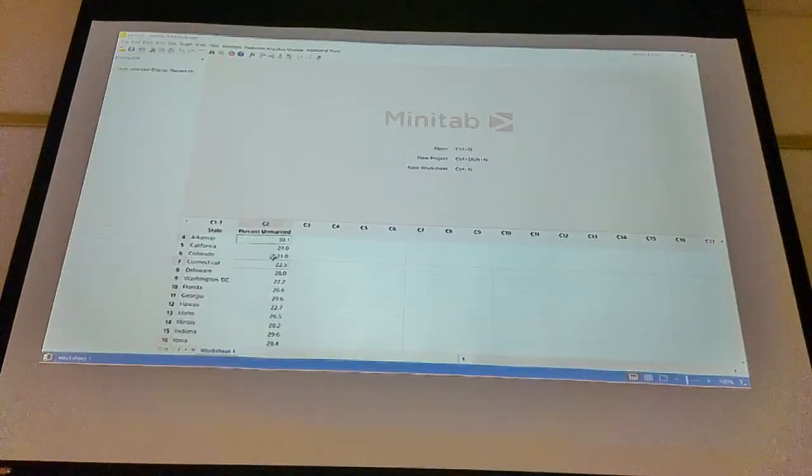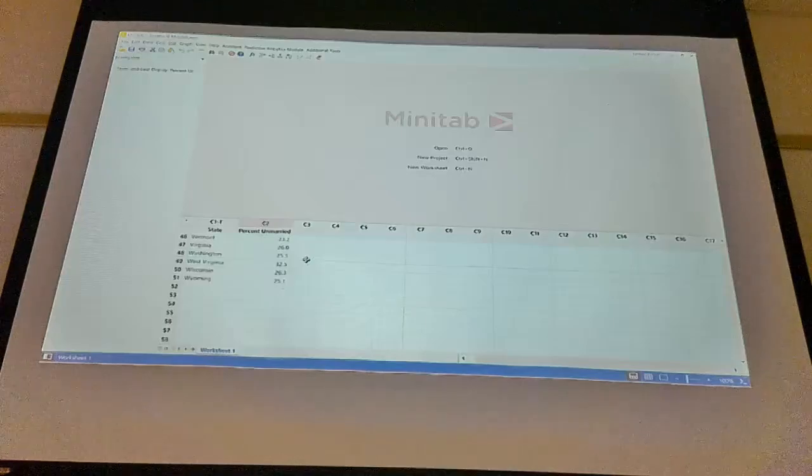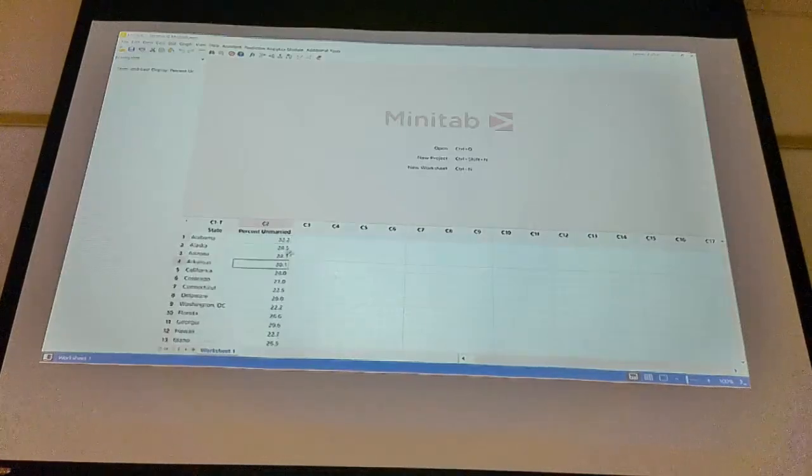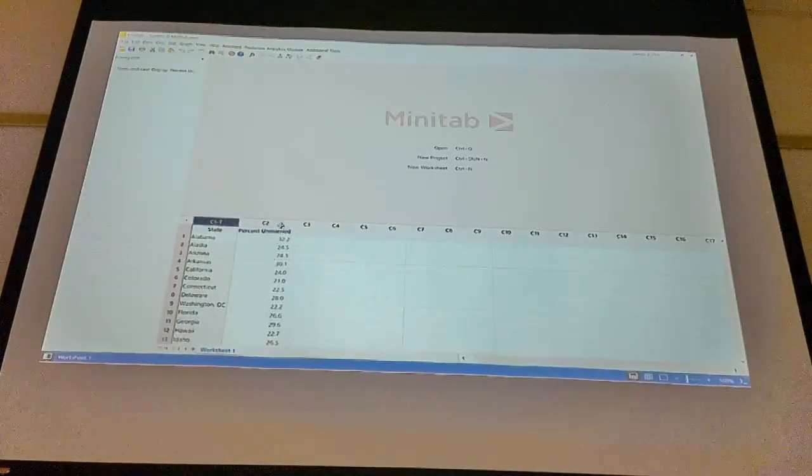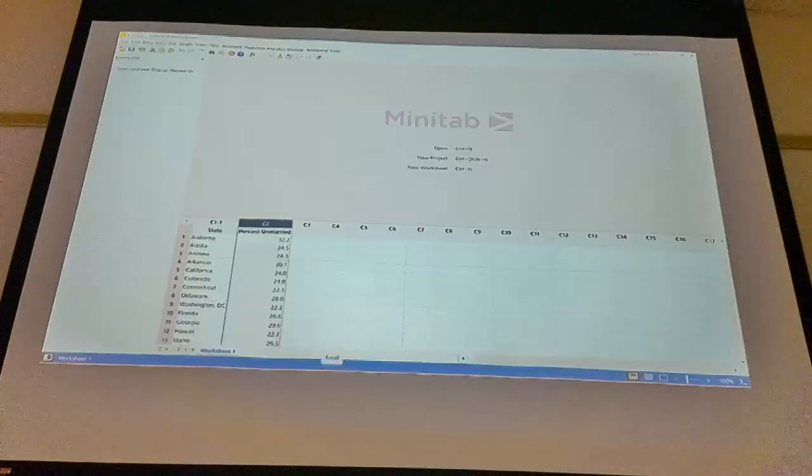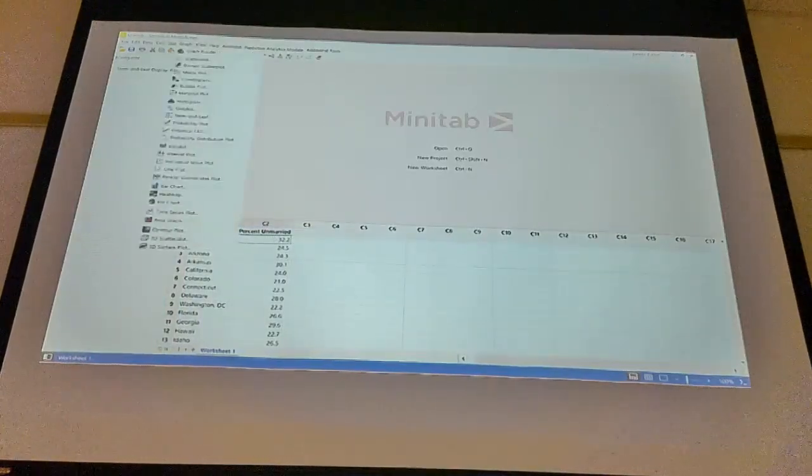I really only needed C2. I didn't need any of the states. So making a stem-and-leaf plot of C2. Graph. Now, somewhere. There it is.